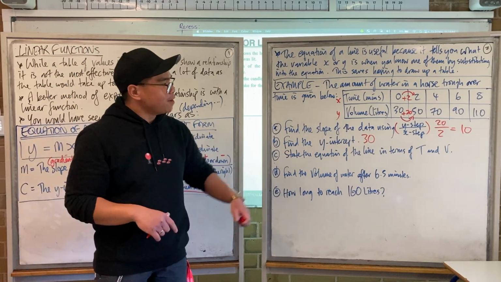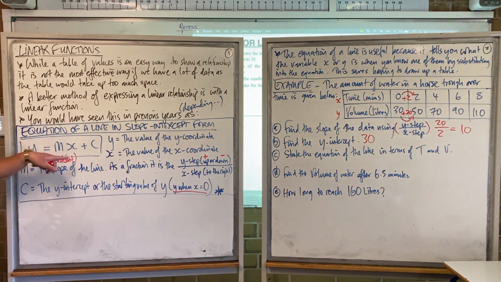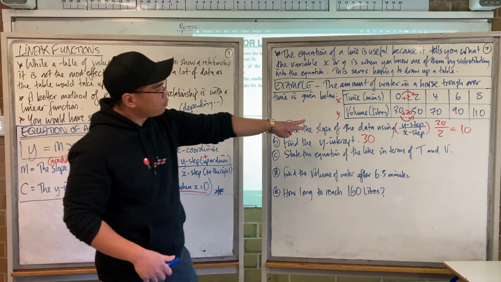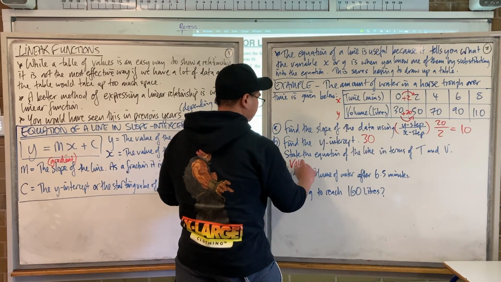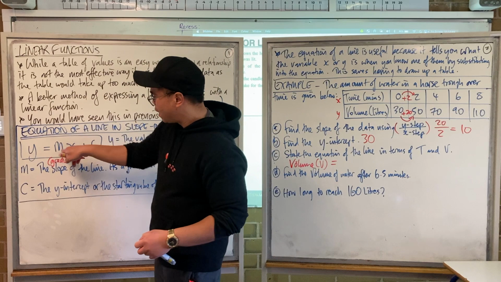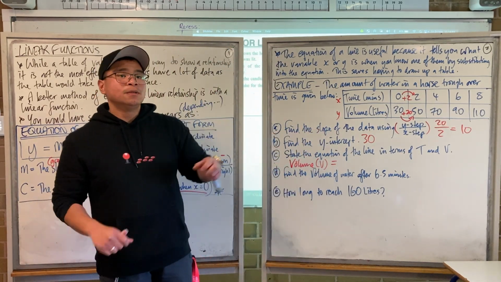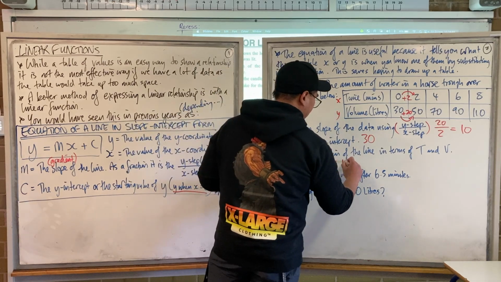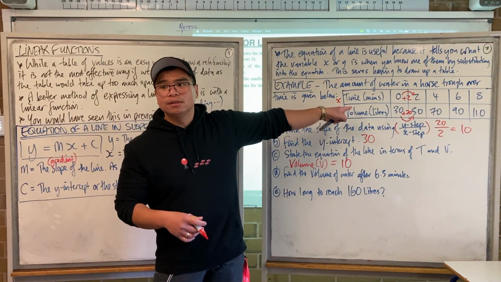State the equation of the line in terms of t and v. So, we're not talking y is equal to mx plus c. What is the y here? What does y represent? Volume. So, volume v is equal to, we need mx plus c. What did we just say the gradient was? 10. Is x representative of something?